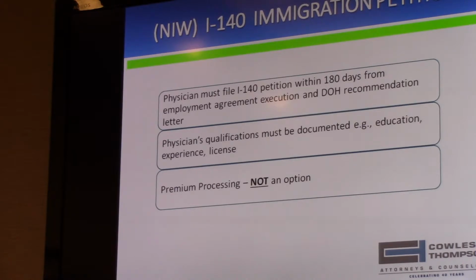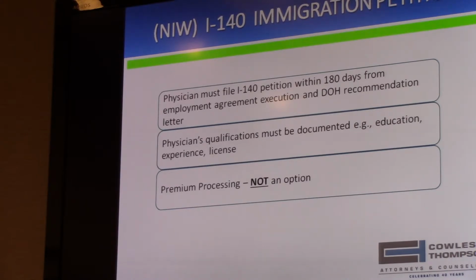Similar to the labor certification, where you complete the recruitment, get the labor certification filed, and within 180 days you have to file the I-140. The qualifications of the physician have to be documented, again same as the labor certification. In the I-140, you give copies of all the credentials, licenses, and any other requirement for the specific job.